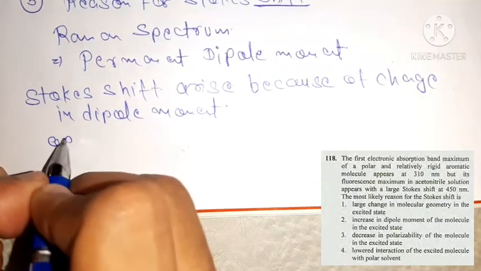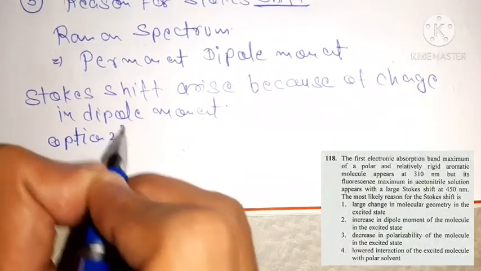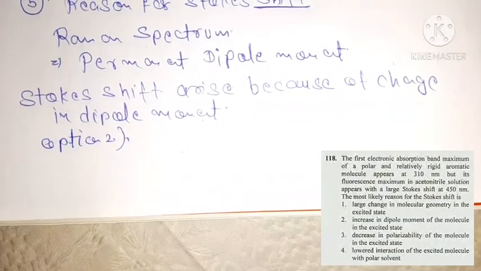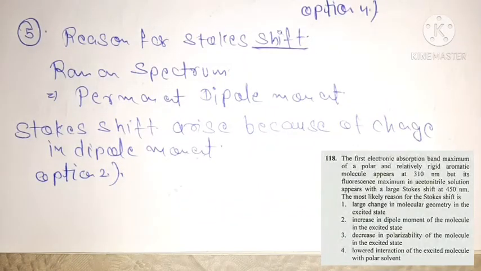So option number second is the correct answer for this question, because it relates with Stokes shift, anti-Stokes shift, which is clearly seen in your Raman spectrum of any molecule, and Raman spectrum is directly related to the dipole moment of any molecule. So when the dipole moment changes in any molecule, its spectrum will show Stokes shift or anti-Stokes shift. Understand?